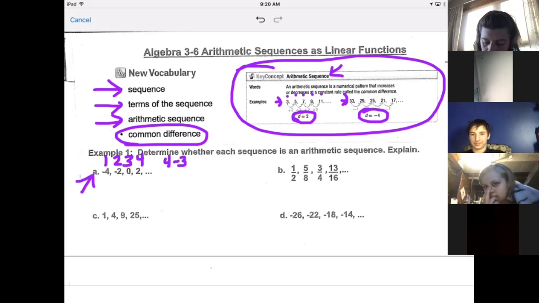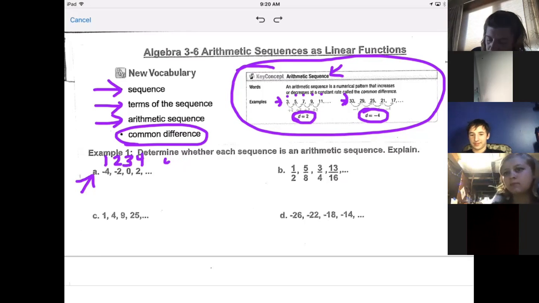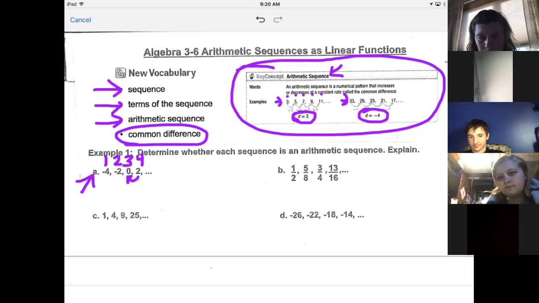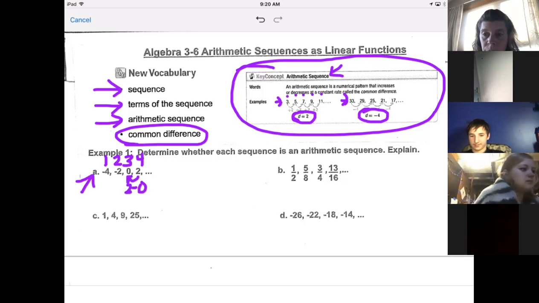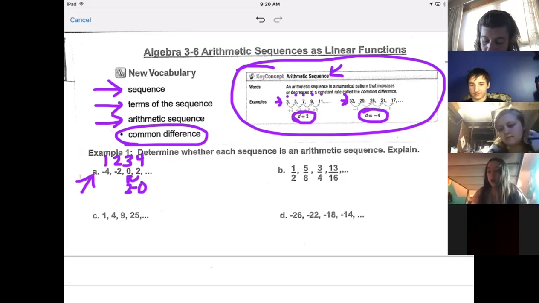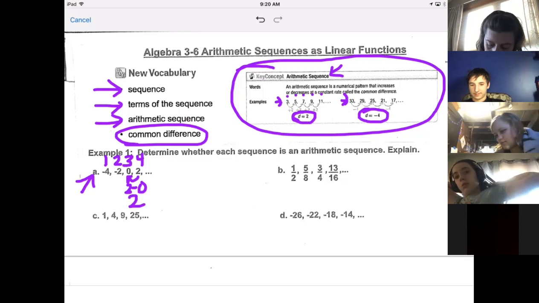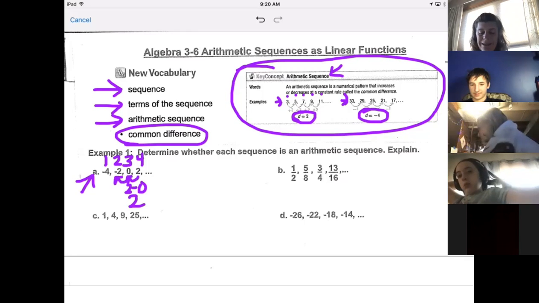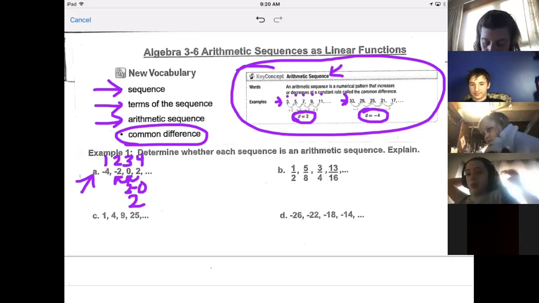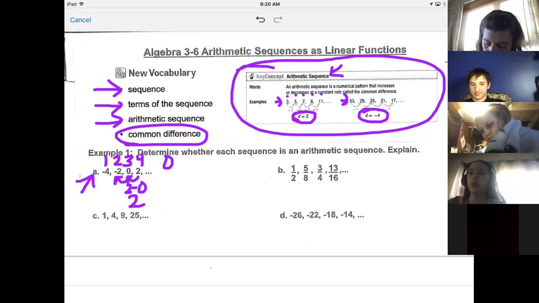What is 2 minus 0? Here, let's move this. So we're going to go like this. What's 2 minus 0? 2. Now let's go backwards here. What's 0 minus negative 2? 2. What's negative 2 minus negative 4?